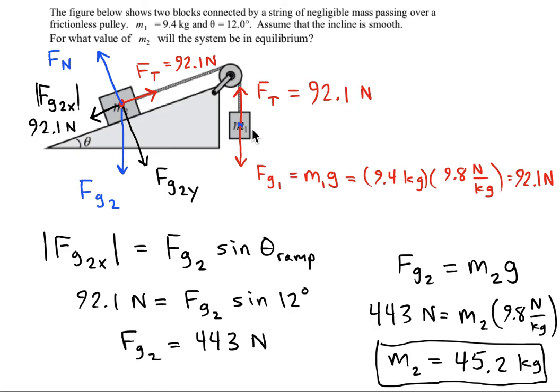So interestingly, even though M1 was only 9.4 kilograms, it's allowed to hold M2 of 45.2 kilograms in equilibrium because not all of the weight of M2 actually pulls down the ramp. A lot of it gets pulled into the surface of the ramp, but that is counteracted by the normal force.